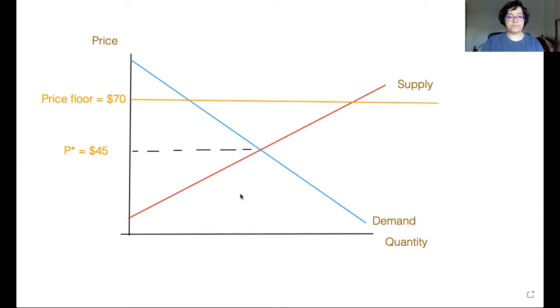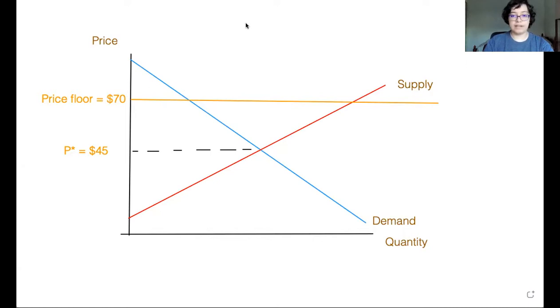So to determine whether or not this is binding, we need to ask, does this change the price in the market? And the answer is yes, because previously at equilibrium, the price was $45, and now that price has gone up to $70.